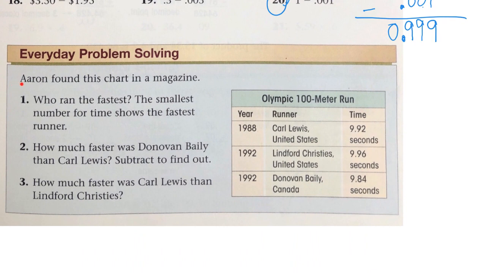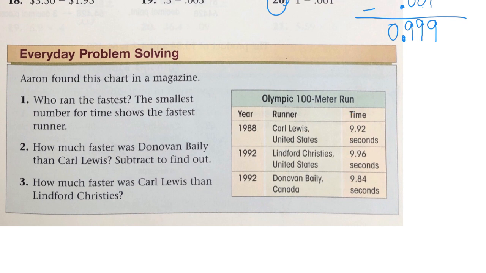Aaron found this chart in a magazine. Who ran the fastest? The smallest number for time shows the fastest runner. So who had the least amount? That is the fastest person.